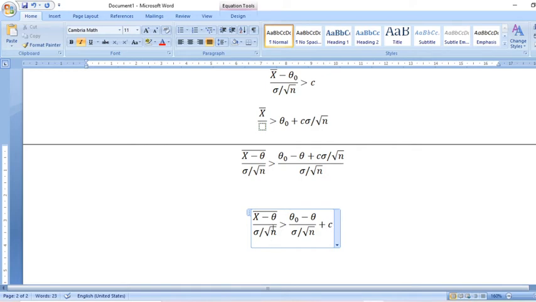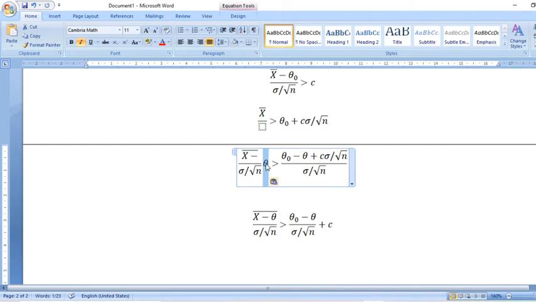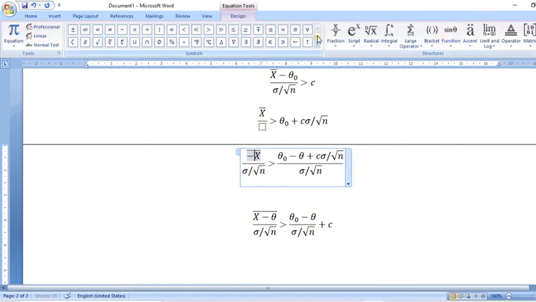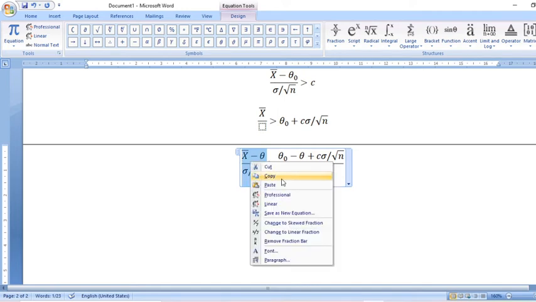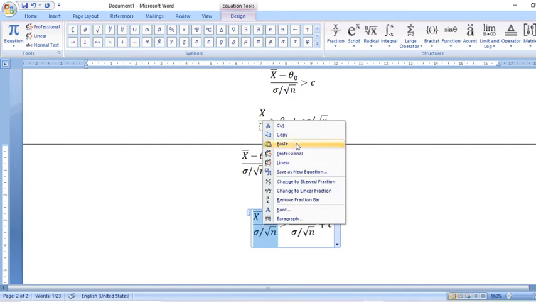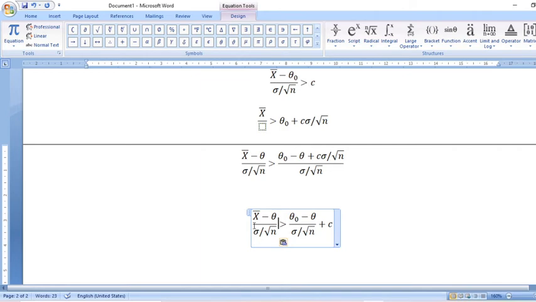Our critical region, so this will be the... okay. So this is the critical region.